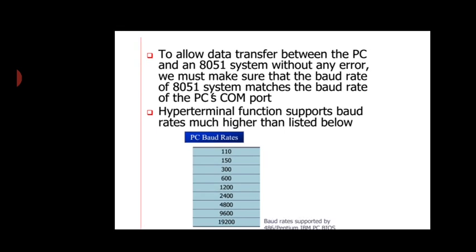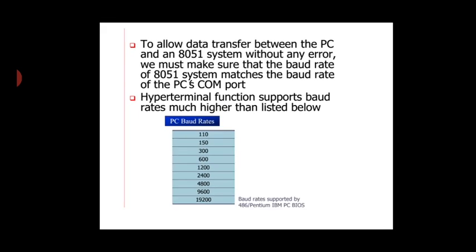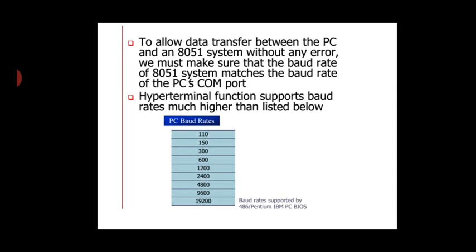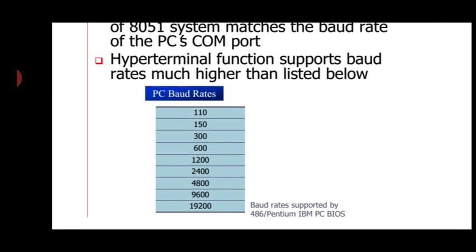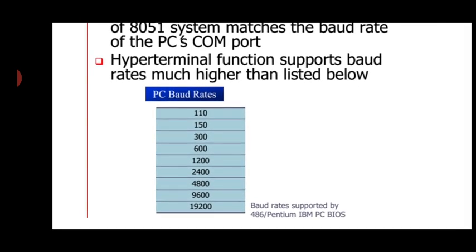Usually the HyperTerminal function supports baud rates much higher than listed here. Your microcontroller is a slow device. It can transmit baud rates up to 19,200 bps: 110, 150, 300, 600, 1200, 2400, 4800, 9600. You can set any one so that your microcontroller can sustain it.